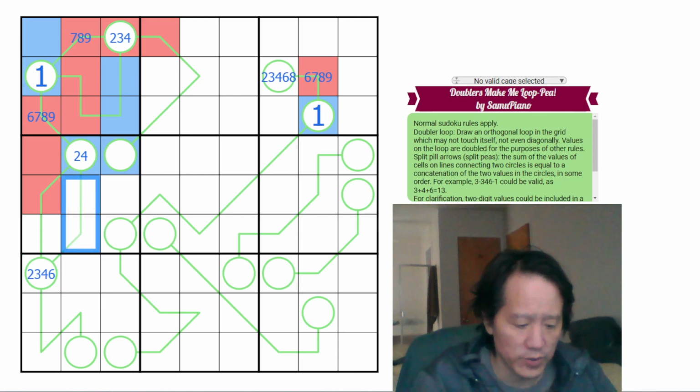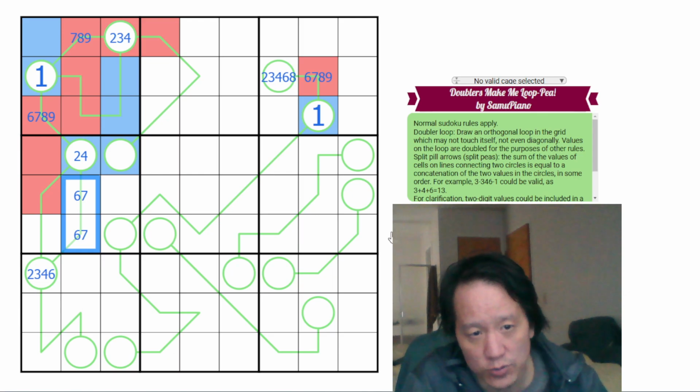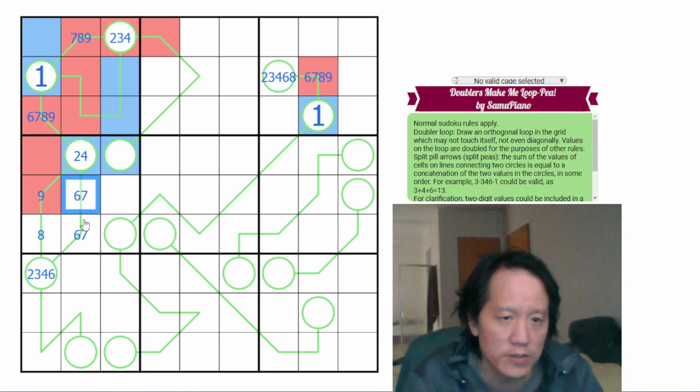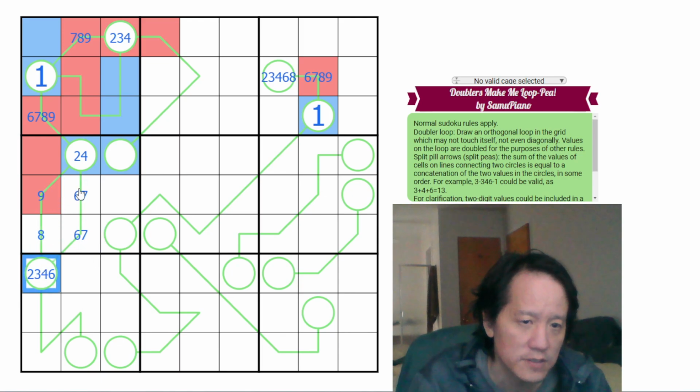This would have to be 6 and 7 doubled, and this would be doubled. So this would be 9, 26 plus 8, right? 9 doubled is 18 plus 8 is 26, yep. So then this would be the case. So if this is 6, 26, that works.